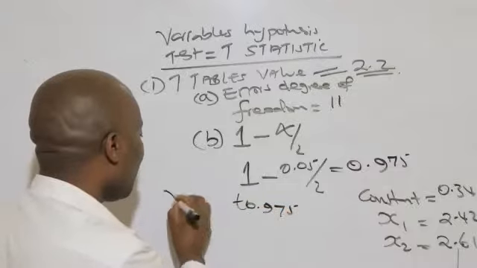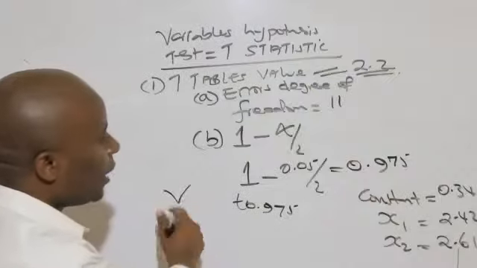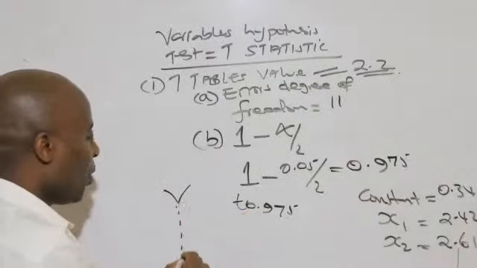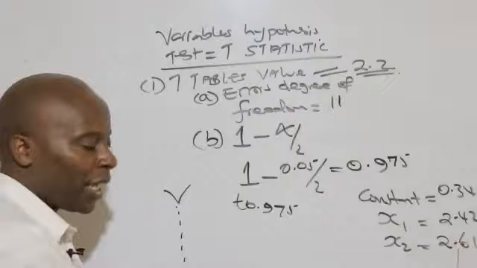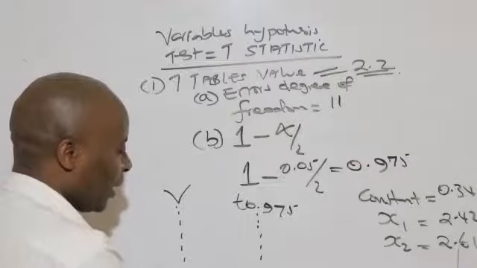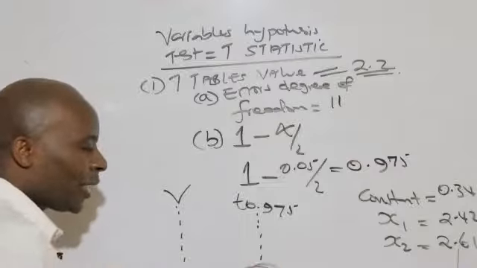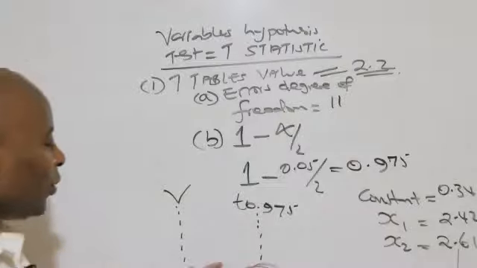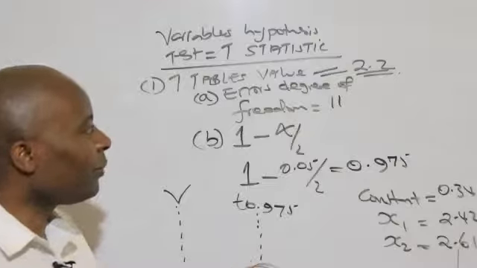And then we have another one here going by the name v. v stands for degrees of freedom. So when you go down here, you'll be able to see 11. And then, of course, you walk parallel alongside and stop here. The figure at the intersection is what we call the T tables value.